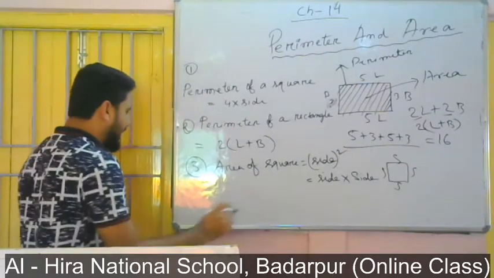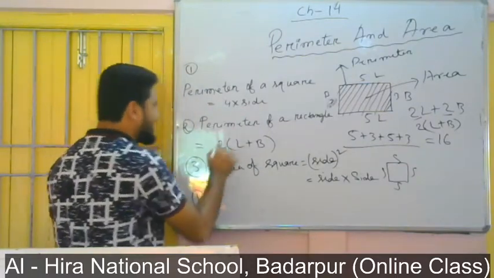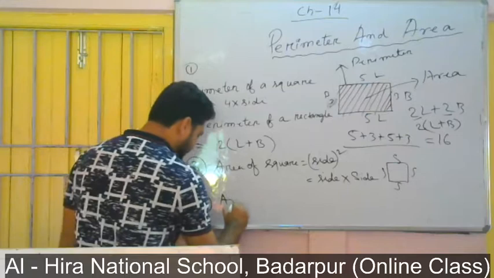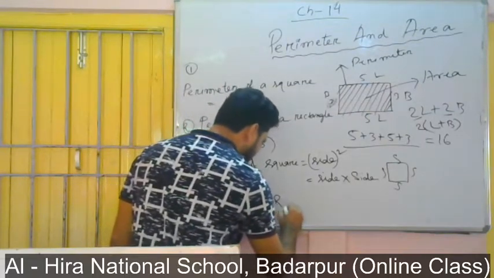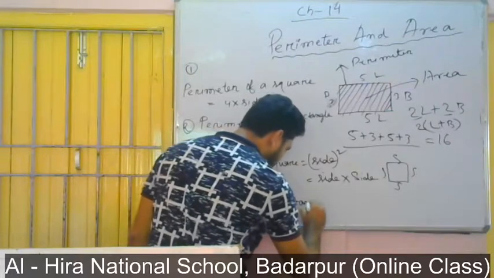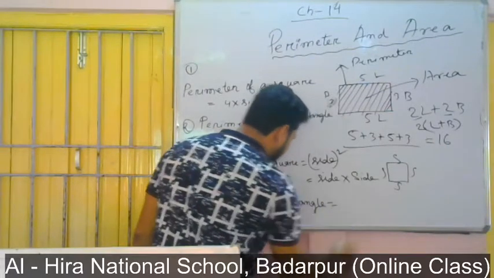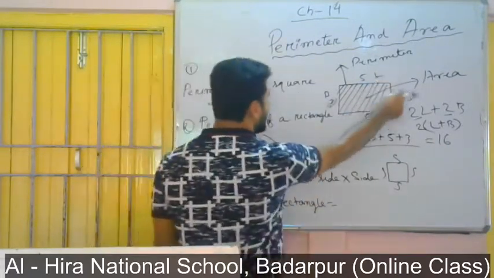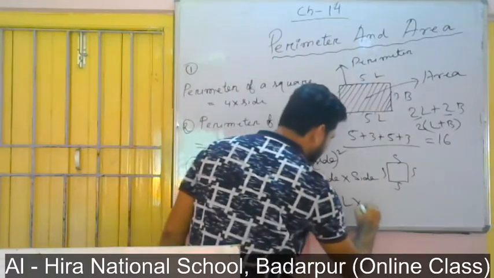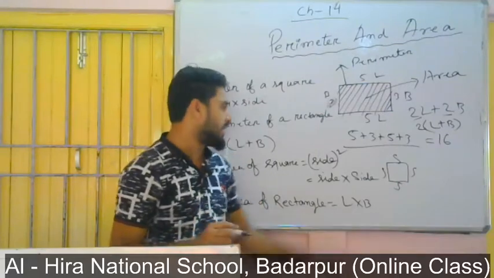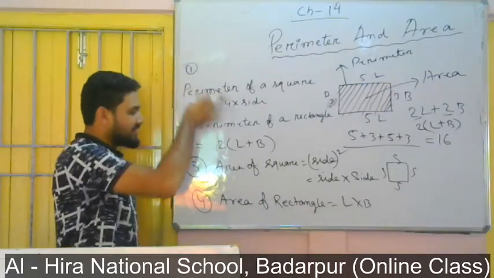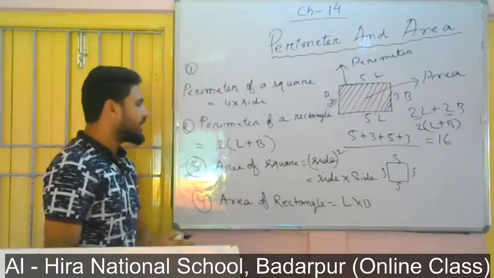Okay. And number 4, area of rectangle. Area of rectangle will be what? Do you know? Only length into breadth. Length into breadth. L for length, B for breadth. Okay. So these are the formulas you will use.